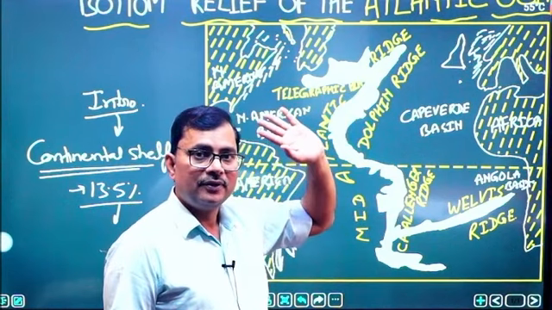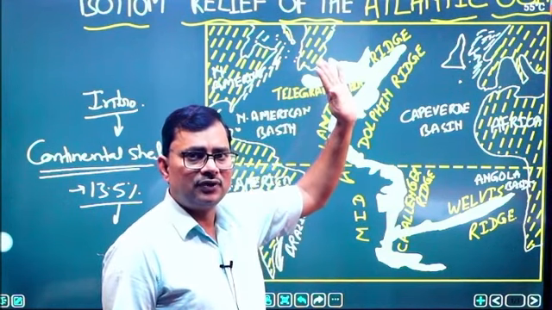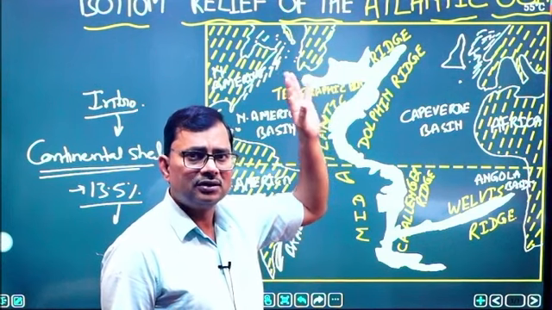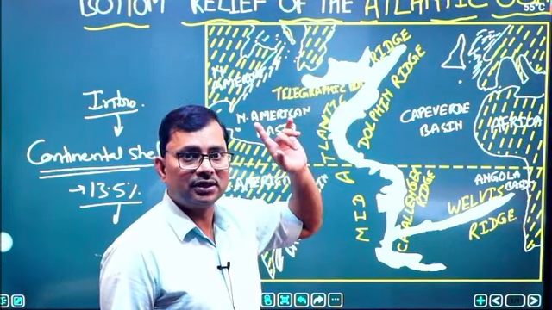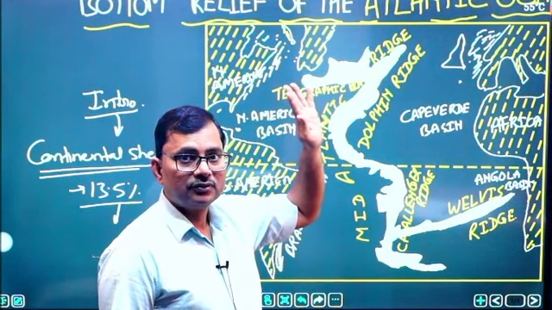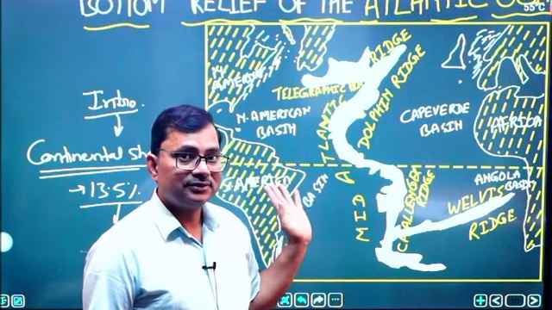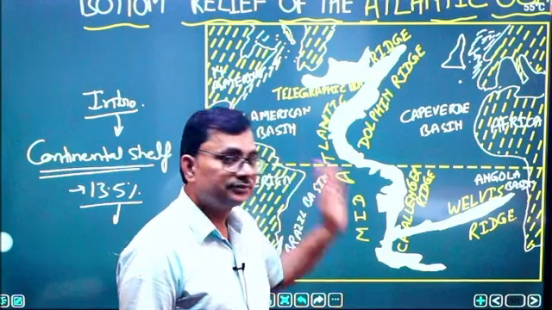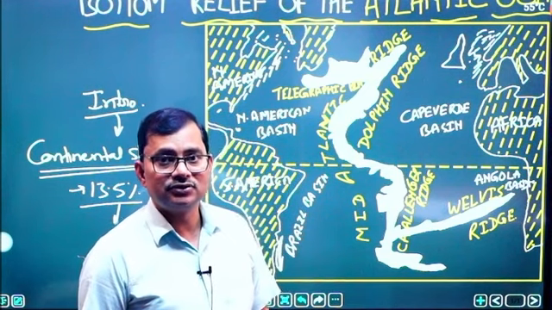It is a very long ridge in the world. It has a length of more than 15,000 kilometers. Keep in mind, more than 15,000 kilometers, and it is divided near the equator.